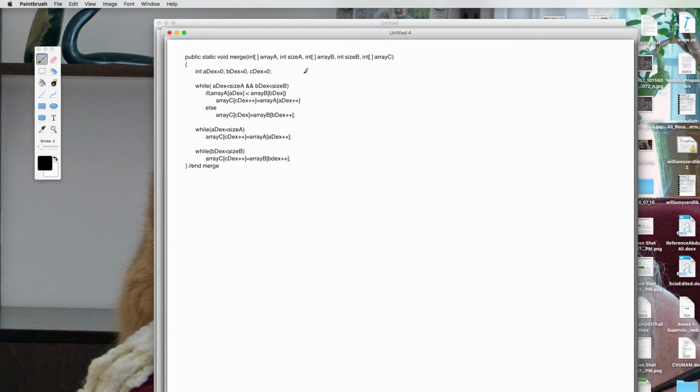And here is the idea. You can see that I'm coming in with two arrays, and I know the size of each one of these arrays, and I'm going to sort them into this array called C. So the idea goes something like the following. I've got some array A here.